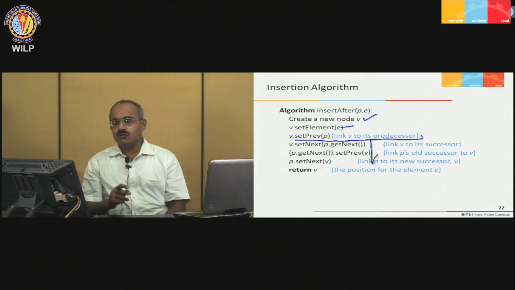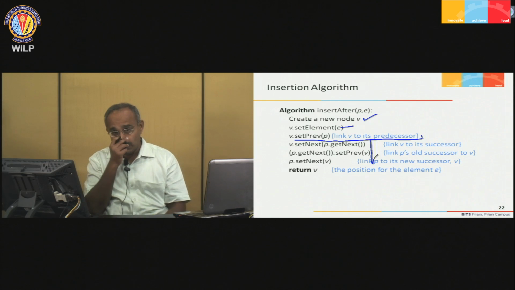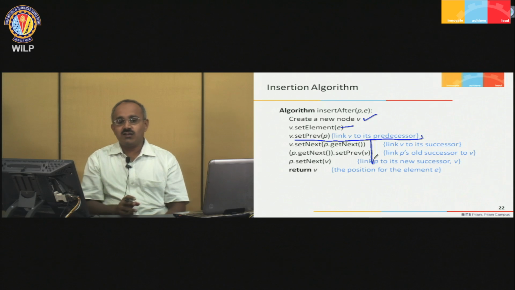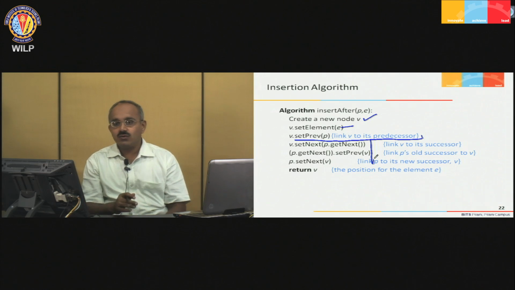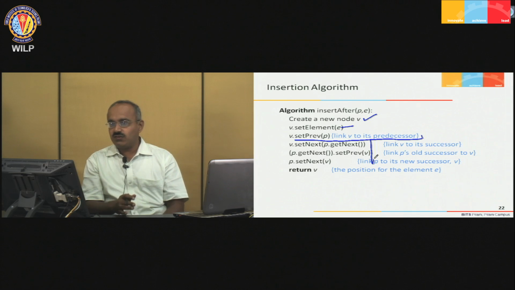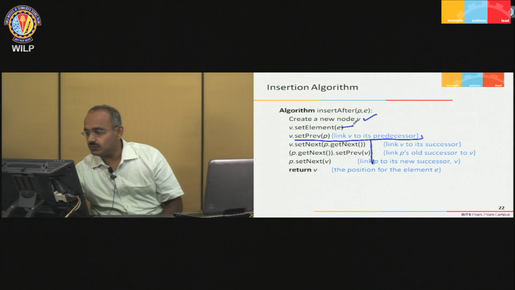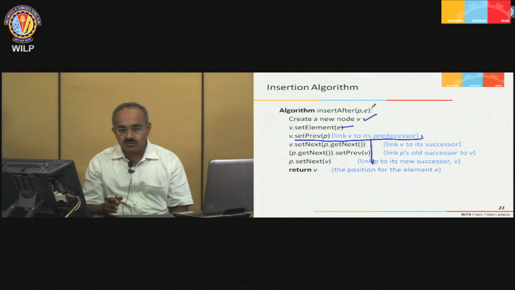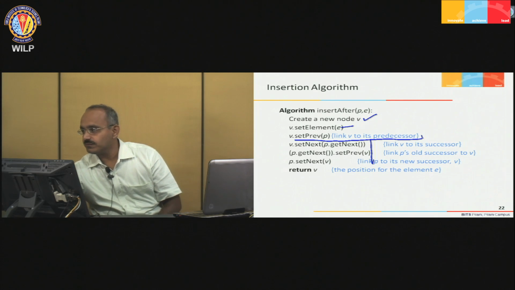The algorithm precisely tells you that. As we said again, this is abstraction. It just tells you what you're going to achieve rather than how we are going to achieve it. So how we achieve it is create a new node, traverse to a point where you want to insert it, and simply adjust the pointers.